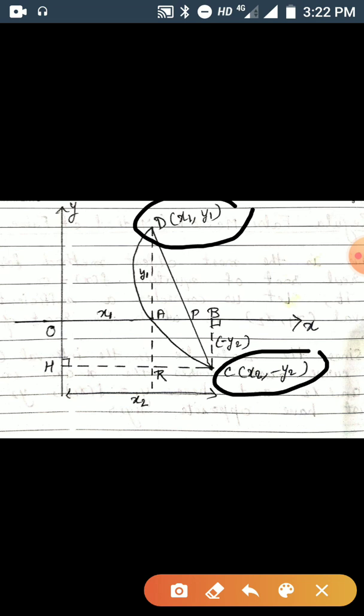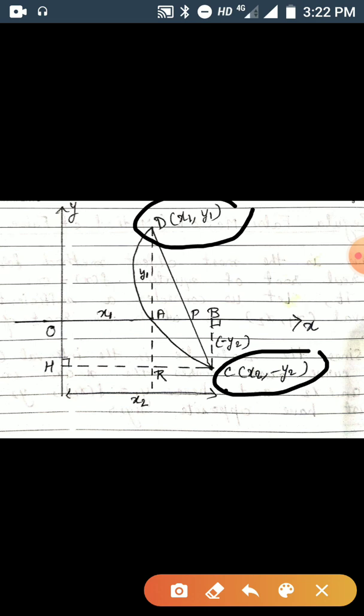Join the points C and D by the straight line and also by the arc. Draw perpendicular CB on the x-axis and CH on the y-axis. If we draw a straight line from D to cross the x-axis, let that intersection point be P.